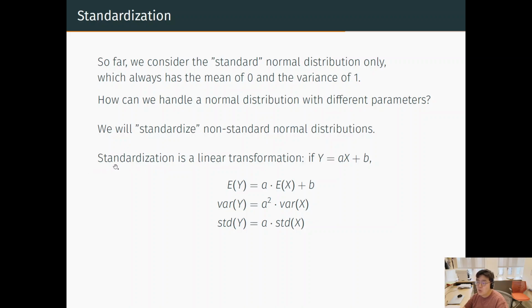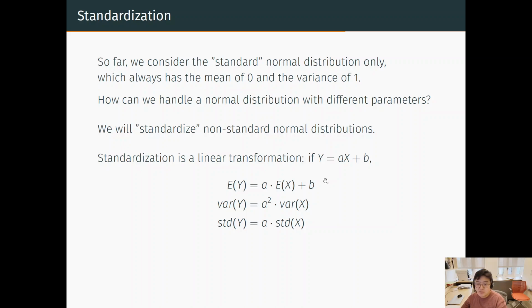Remember, if you transform x to y by a linear transformation, then their mean and variance change like these, right? Mean, variance, standard deviation. Mean is easy, but the variance is multiplied by a squared. Standard deviation is just multiplied with the same constant, but the addition or subtraction does not affect variance or standard deviation.